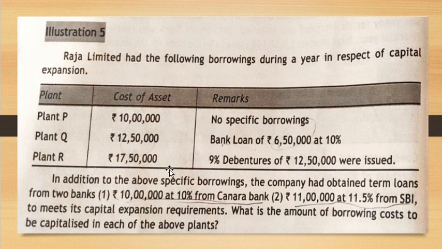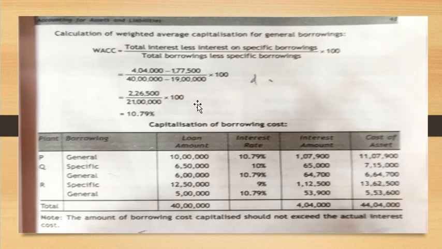So when a general loan is taken, as I've discussed in the previous video, you will be using the weighted average cost method or formula. So let us calculate using the weighted average cost of capital calculation. The formula is the calculation of weighted average capitalization for general borrowings. The general borrowings you have taken are used for developing a qualifying asset.